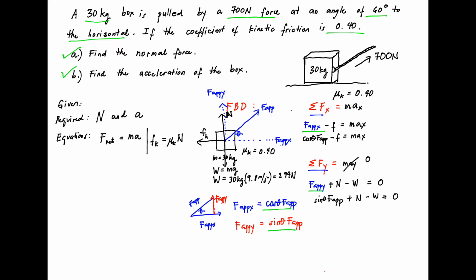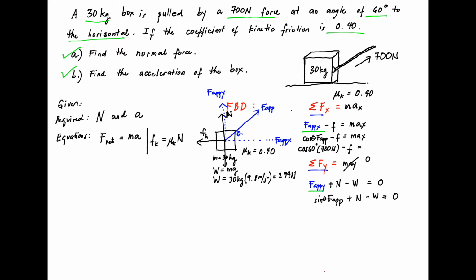Let us solve now, but let me first erase this to clean up my solution. Let's substitute all the given values. We have cosine 60 degrees multiplied by 700 Newtons minus the frictional force equals 30 kilograms multiplied by a x.